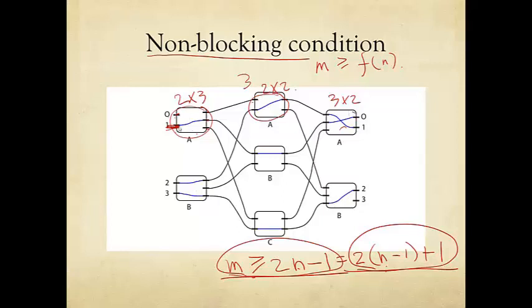Well, one possibility is I can connect it by connecting input port 1, or the lower input port, to the middle output port of this input switch A. Since it's connected to the middle output port of switch A, it's going to naturally go into the middle switch at the middle stage. Now it needs to go to this output port, and therefore needs to first arrive at this output switch.